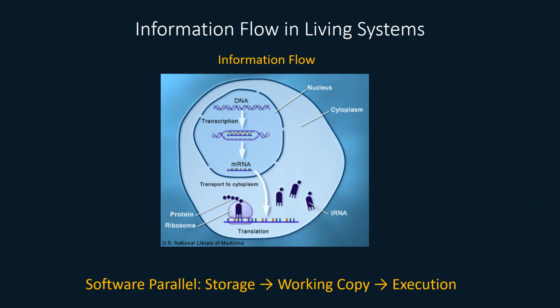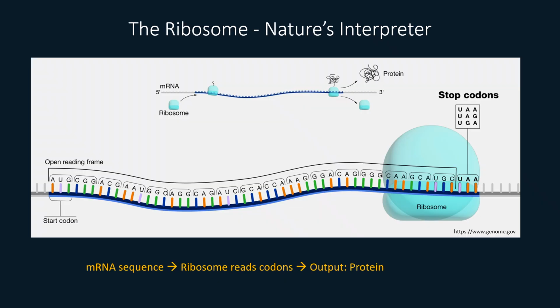Let's briefly discuss the ribosome. As we discussed in our first lecture, the ribosome is nature's just-in-time compiler. It reads mRNA 3 letters at a time. Each triplet codes for one amino acid.